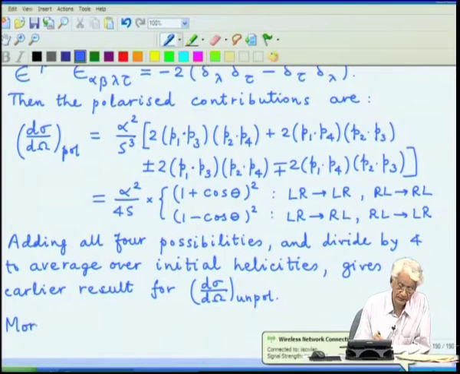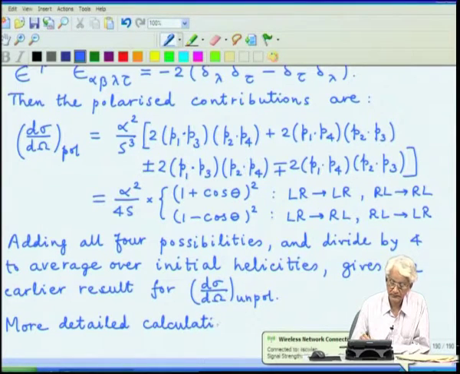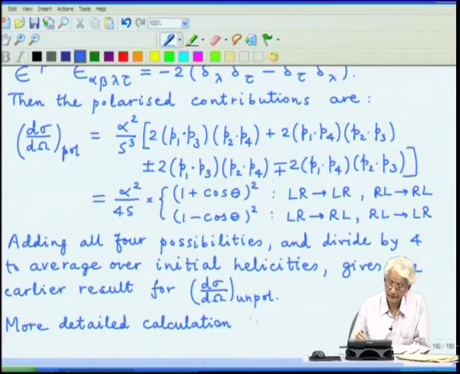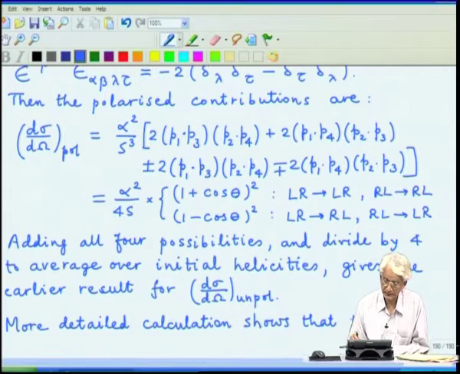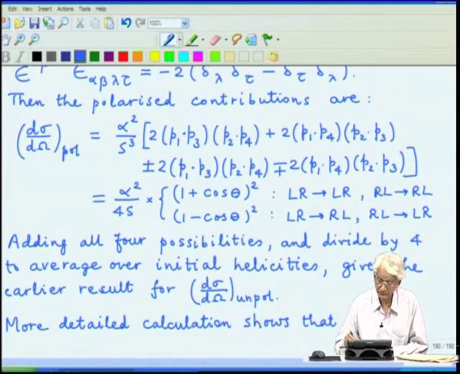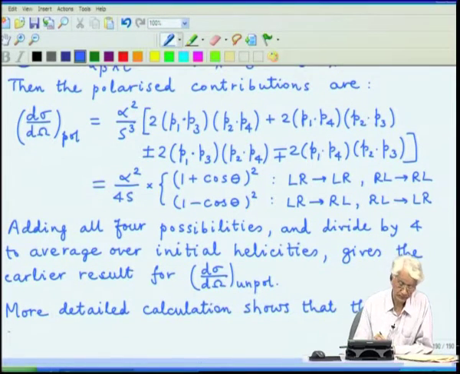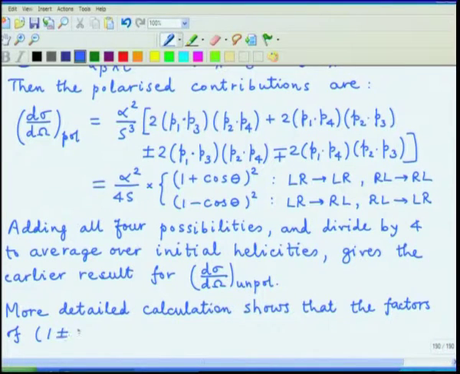A more detailed calculation shows that these factors of 1 plus or minus cos theta, which are appearing as squared in the cross section, appear in the calculation of the amplitude itself, and they are a consequence of these helicity properties.